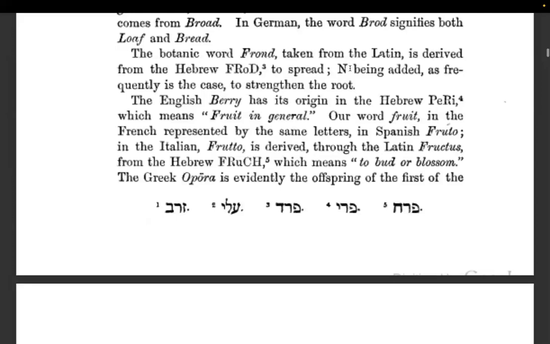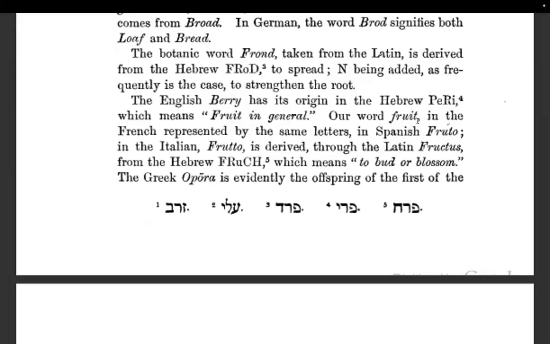And you'll see a few more examples of that throughout this chapter and a lot more in the book itself. The English berry has its origin in the Hebrew peri, pey resh yod, which again the P becomes a B, which means fruit in general.